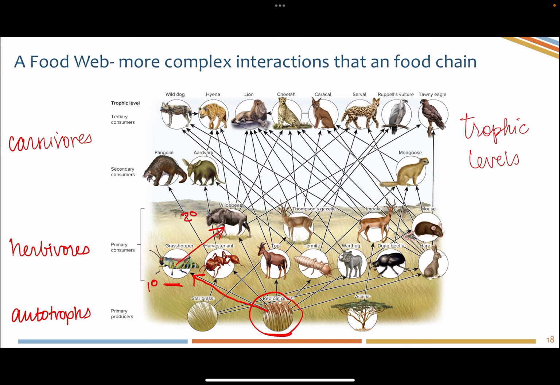But this is where it gets complicated. That wildebeest can eat the grasshopper, but the wildebeest can also act as an herbivore and eat that red oat grass. So if we look at the wildebeest with respect to the oat grass, he is in fact a primary consumer because he's eating our plant materials.